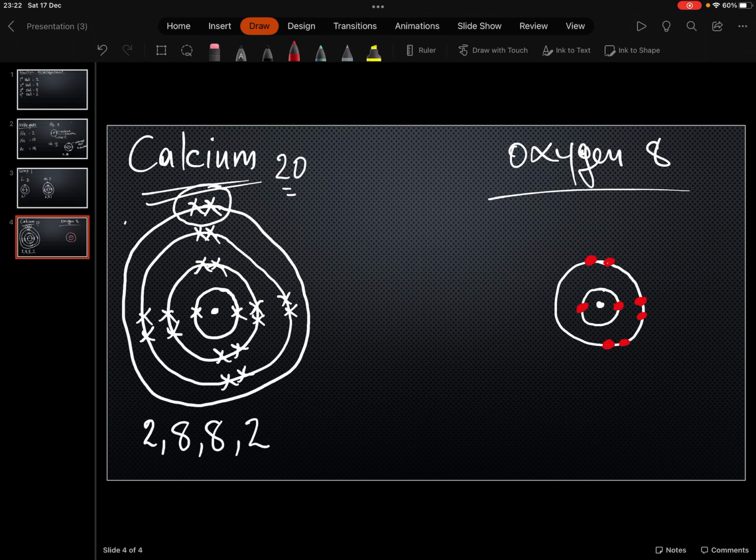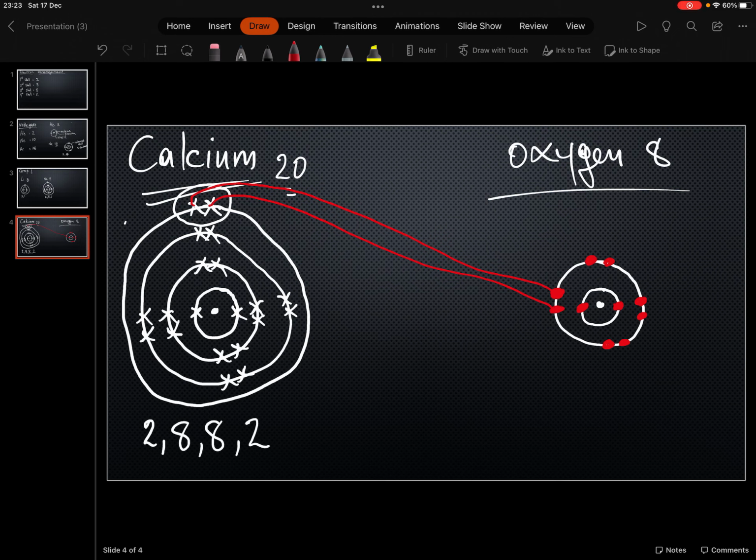Now oxygen needs 2 more in order to fill its outer shell. Oxygen needs to be stable, and in order to do that, it needs these 2 electrons that calcium is more than happy to get rid of. So now I'm going to transfer them over here like so.